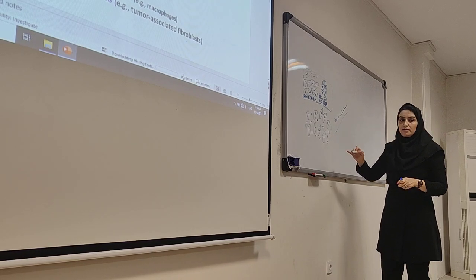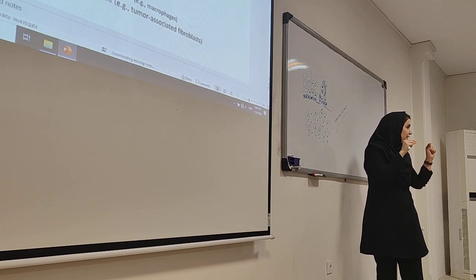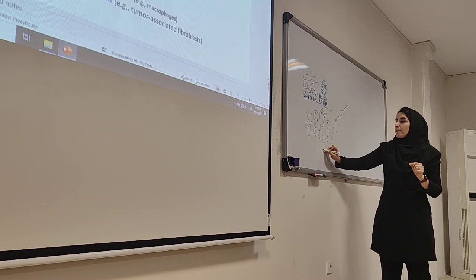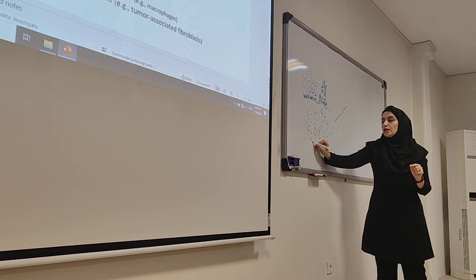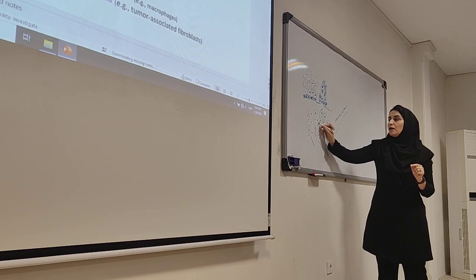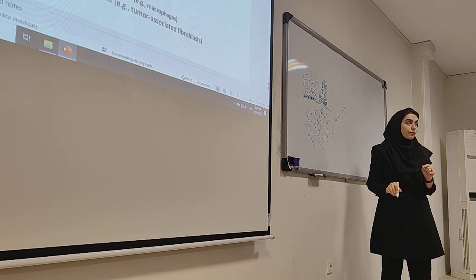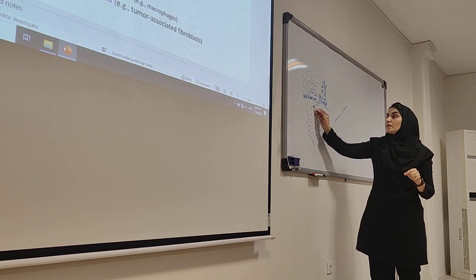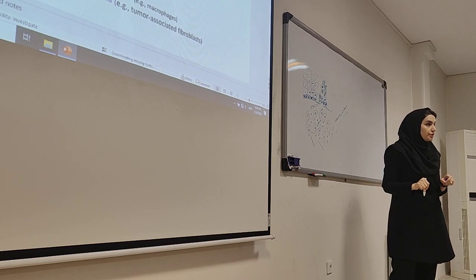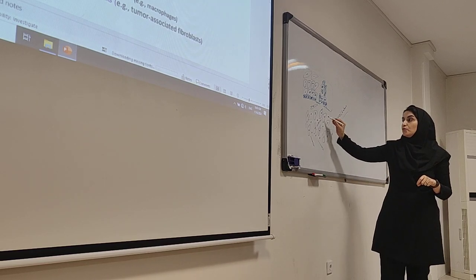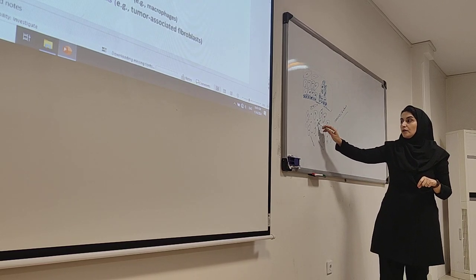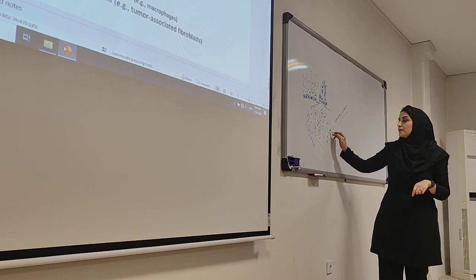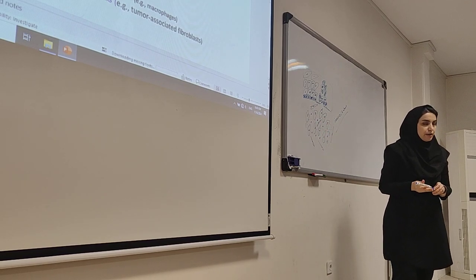You know that the stromal cells are spindle-shaped cells, for example, like these elongated spindle-shaped cells in the background of the tumor. So this pro-angiogenic factor can be produced by tumor cells, background stromal cells, and also the inflammatory cells, especially the macrophages.